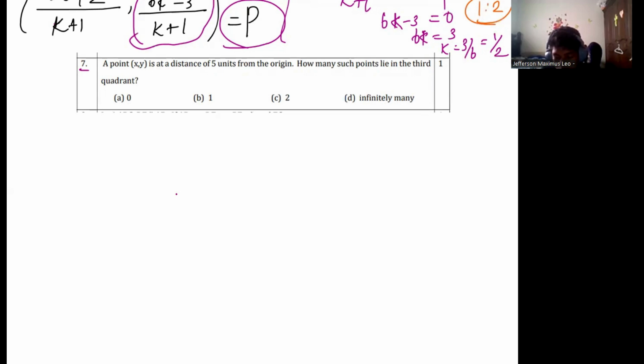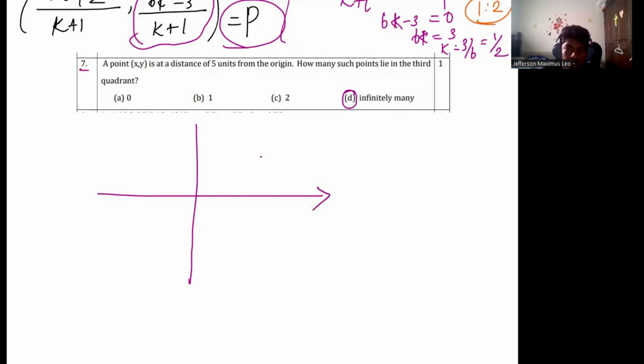No. Okay, one more try. Ma'am, infinitely many. Yes, good. Please give the explanation. Ma'am, because it can be at any of the coordinates that is 5 units away from the origin.